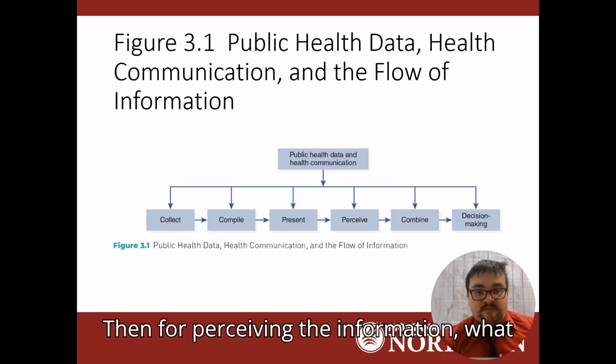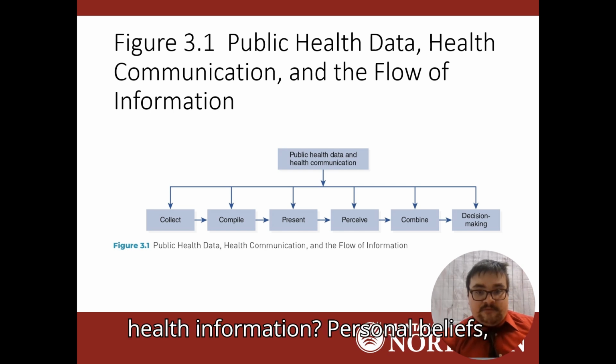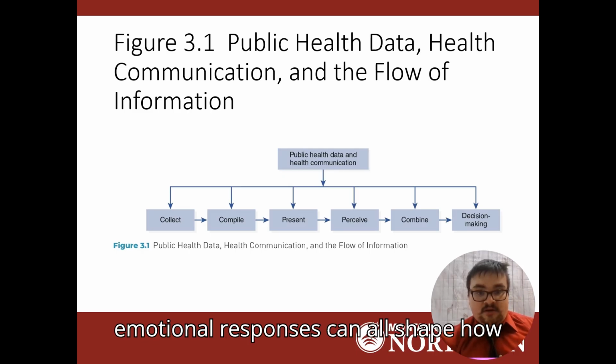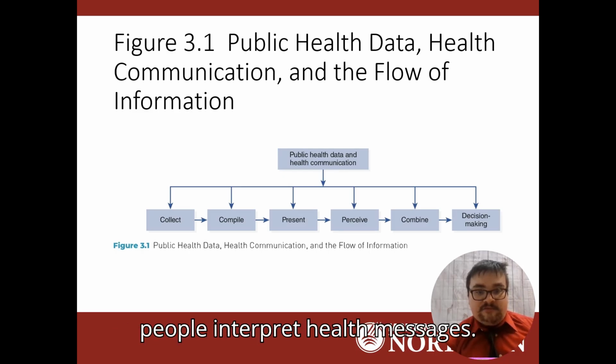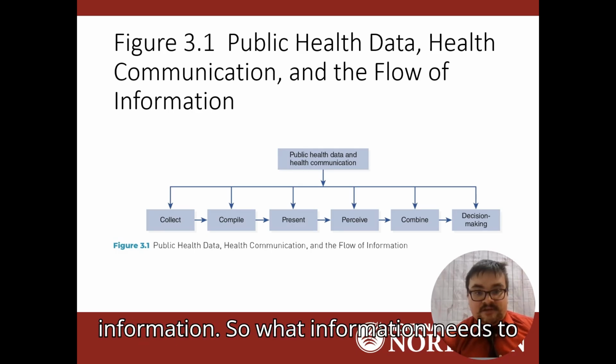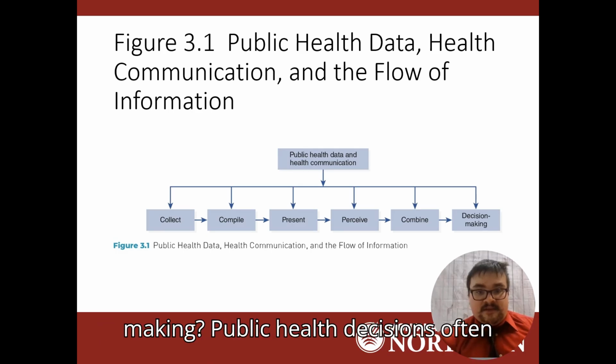Then for perceiving the information, what factors influence how we perceive public health information? Personal beliefs, social influences, media portrayal, and emotional responses can all shape how people interpret health messages. Then you also have combining the information. What information needs to be combined for effective health decision-making?